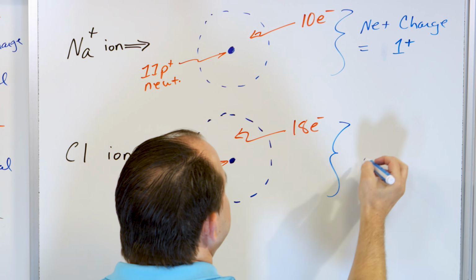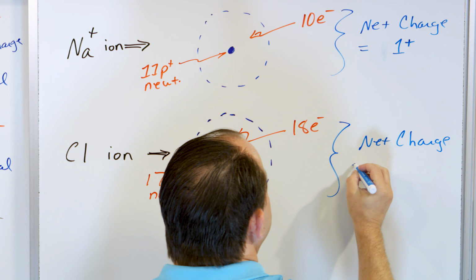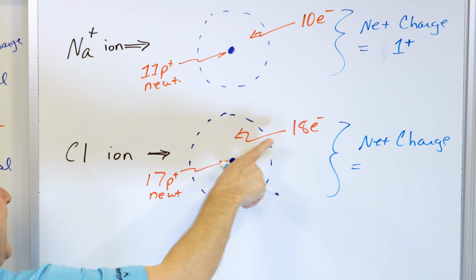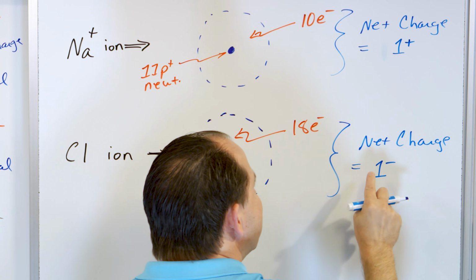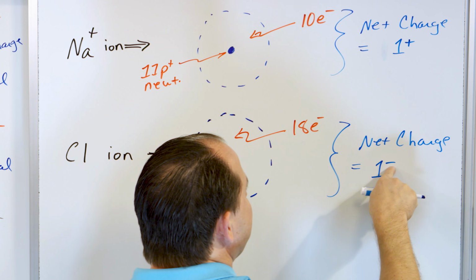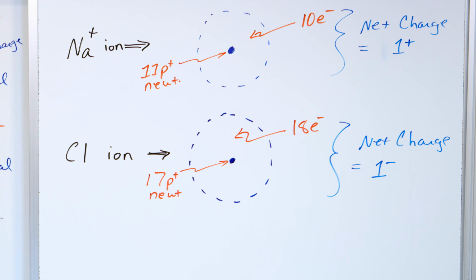So what does this mean? The net charge is what? Well, you have 18 negatives and only 17 positives, so it's really 1 minus. Now, it's -1, but we usually rewrite the sign on the other side of the number in terms of charges. So it's 1 minus. So you have a situation where this chlorine ion no longer is neutral.